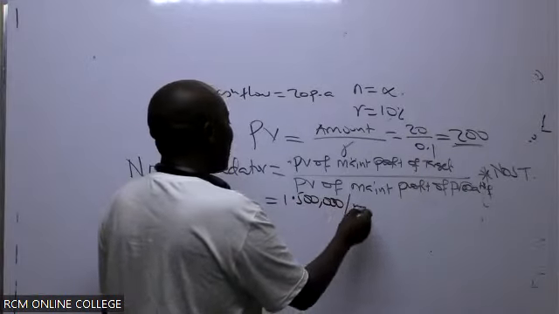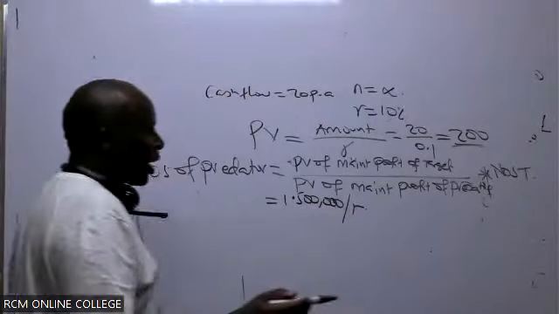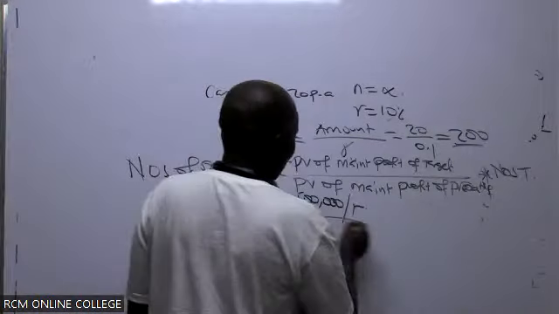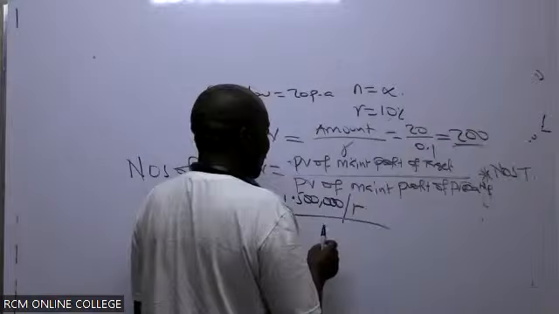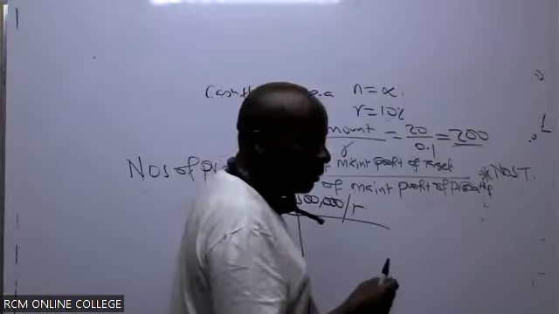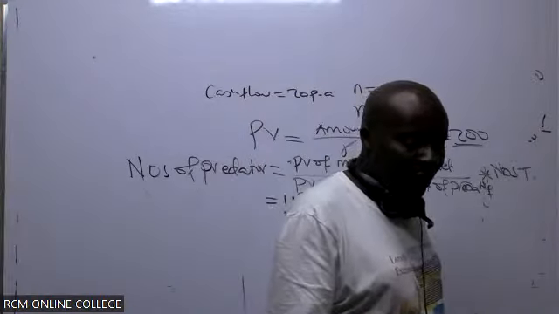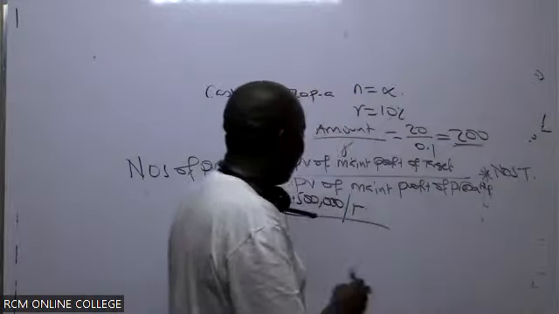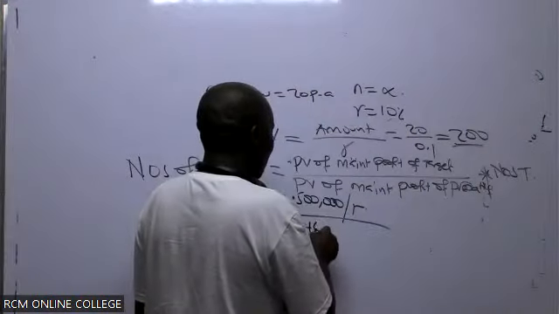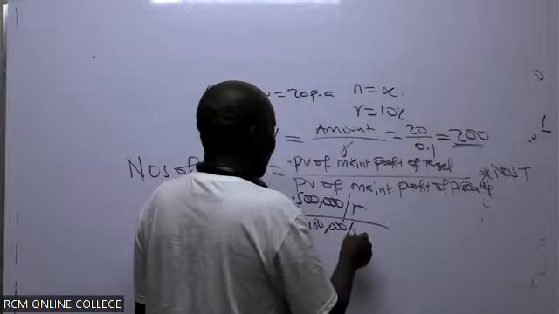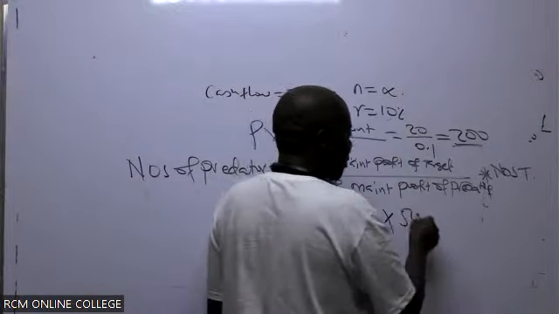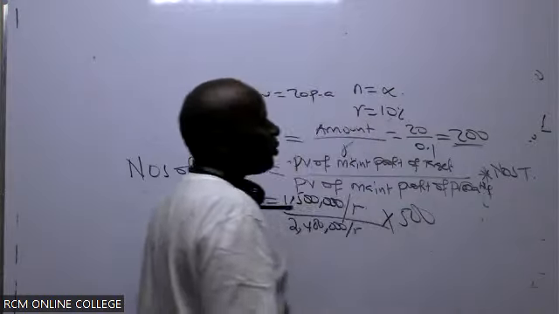So divide by the cost of capital of that Bero company, all over the present value of maintainable profits of the predator, which is 2.4 million, divided by R, times, of course, our 500, the number of ordinary shares of the targeted company.